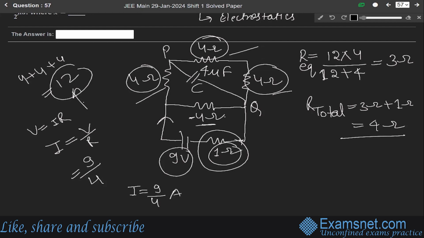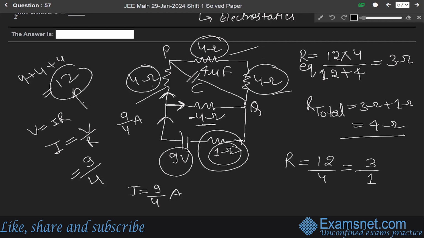So the current here is 9/4 ampere. Now this current is divided into two parts. One is going in this branch, another is going in this branch. So in this circuit, the resistance is in the ratio of 12 to 4, which means a 3 to 1 ratio.